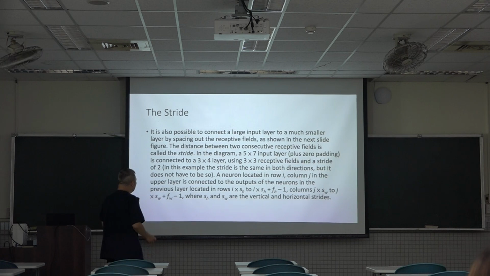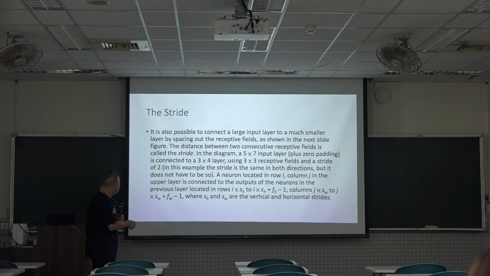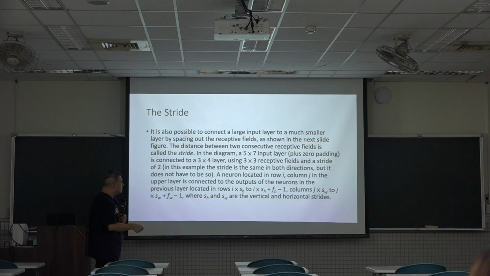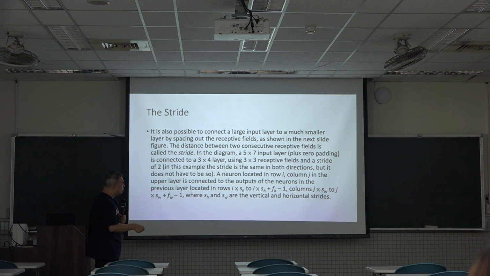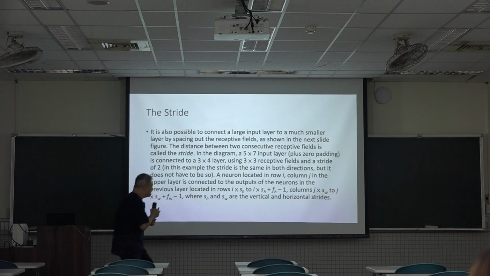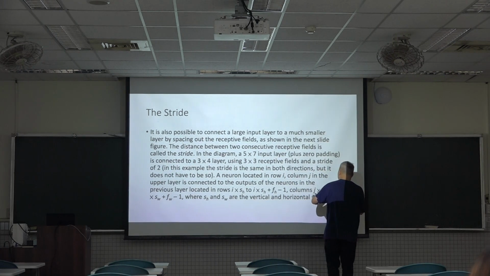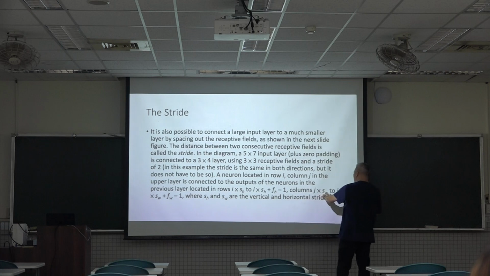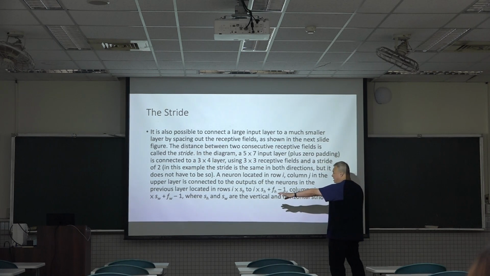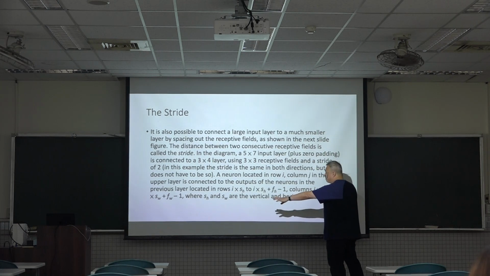So a neuron located in row I, column J, in the upper layer is now connected to the outputs of the neurons in the previous layer located in rows I times SH to I times SH plus FH minus 1, columns J times SW to J times SW plus FW minus 1.